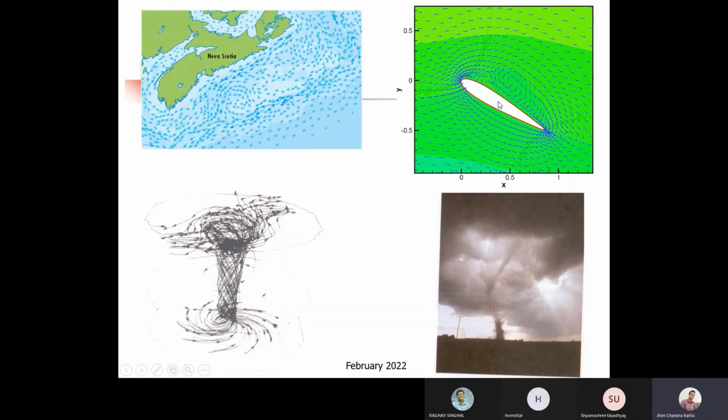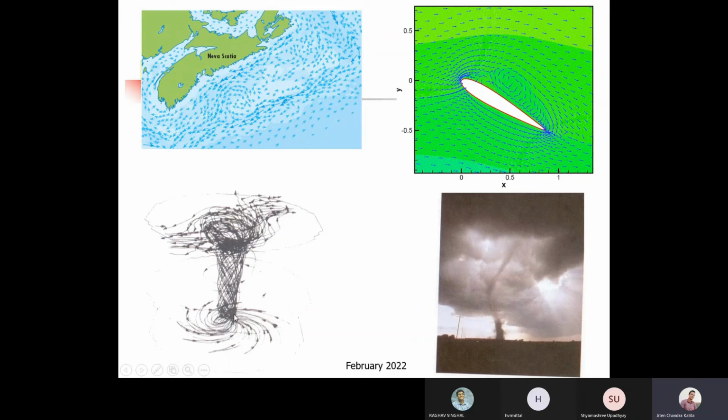And similarly, this is nothing but a cross section of an aerofoil. And in fact, I'm happy to tell you that this is from my own research. And here again, all these vectors that you see also designate velocity. And this one is the kind of configuration of a typical tornado.